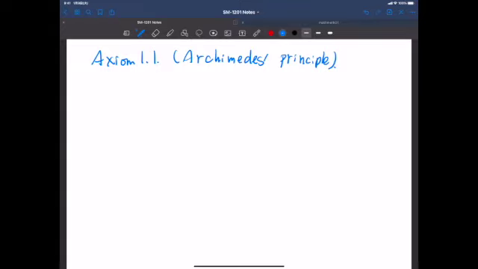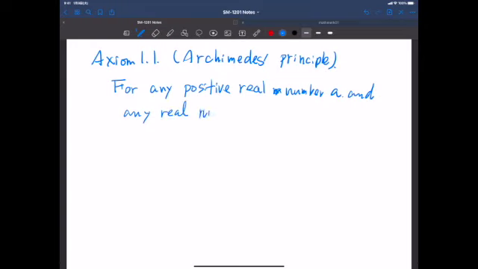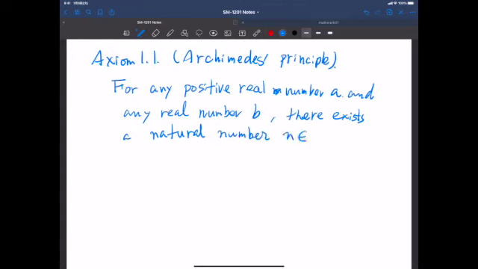Archimedes principle: for any positive real number a and any real number b, there exists a natural number, let's call it n, such that a n is greater than b.